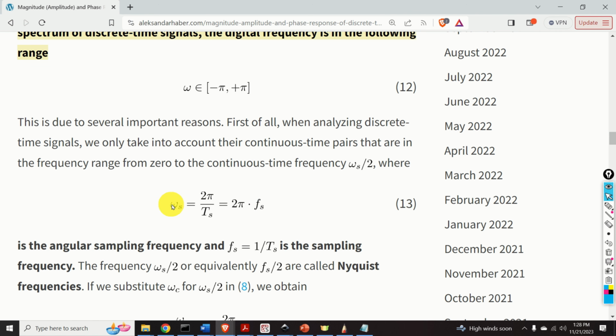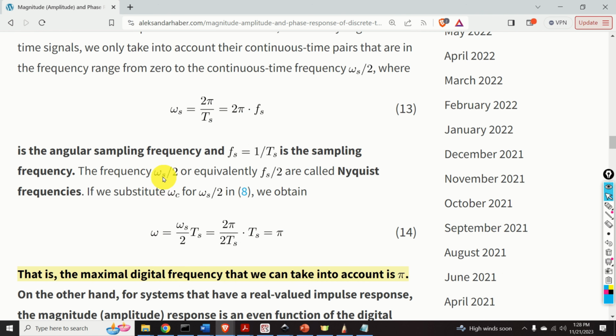This is actually the angular sampling frequency, and fs is the sampling frequency expressed in hertz. The frequency omega s over 2, or equivalently fs over 2, is called the Nyquist frequency.